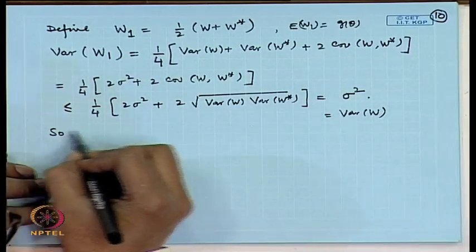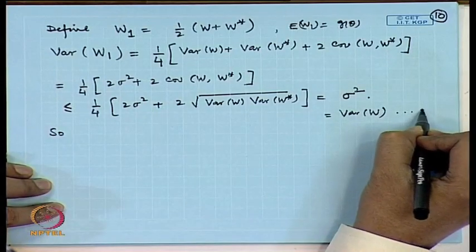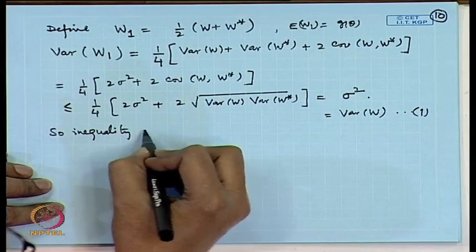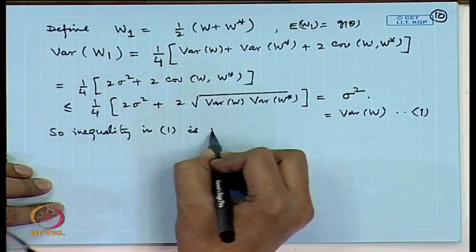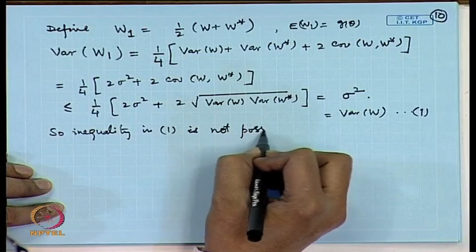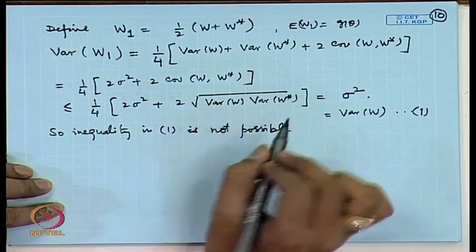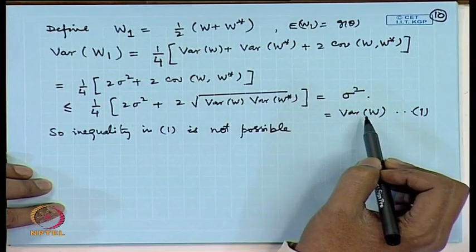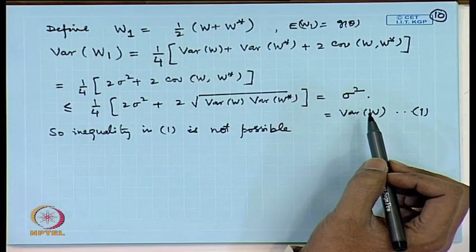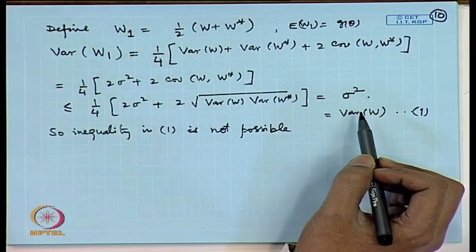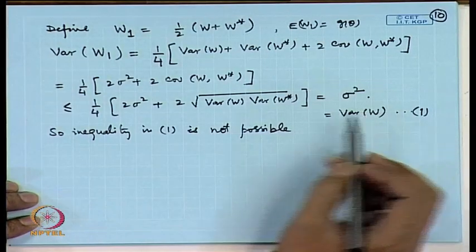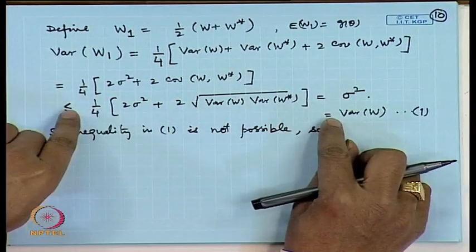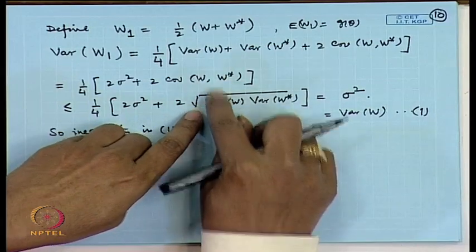So, let me call this equation number 1. Inequality in 1 is not possible, because our original claim is that W and W star are UMVUE. So, another unbiased estimator cannot have variance less than them. So, at the most it can have equal. So, that means we should have equality. Now, how this inequality came?